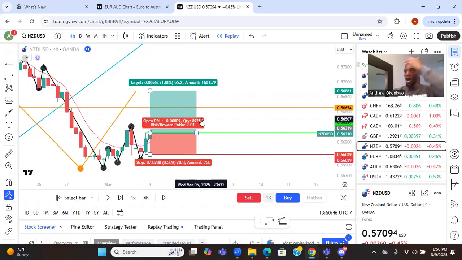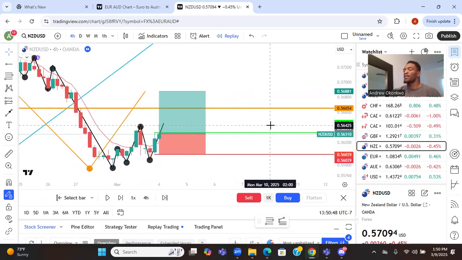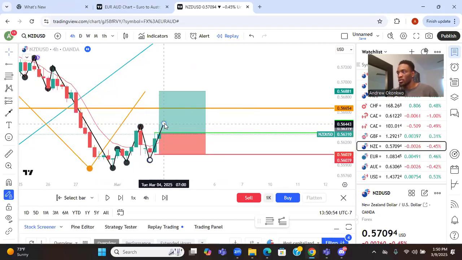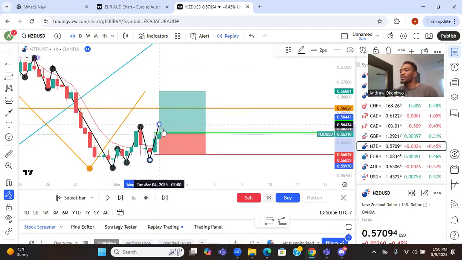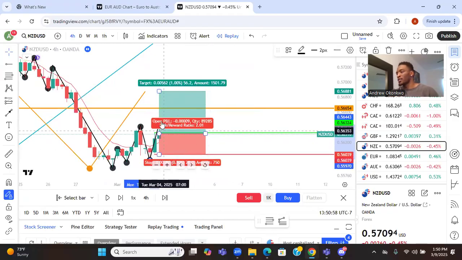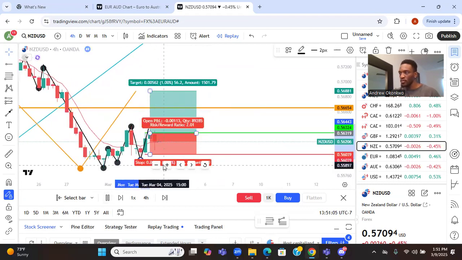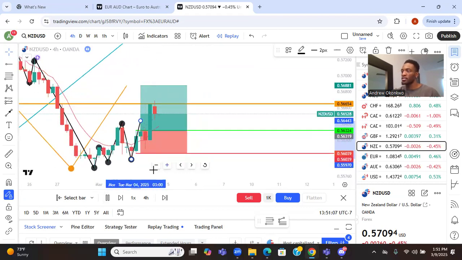But obviously, based off how we trade and the basic technicals of how we trade, market did make a similar to equal swing. So once market makes that similar to equal swing, we're not necessarily expecting this to keep going to the upside. We play this out, we can see that market started to retrace.